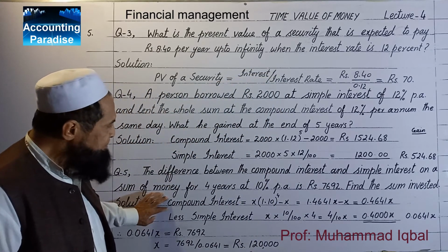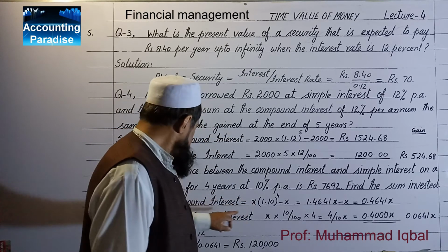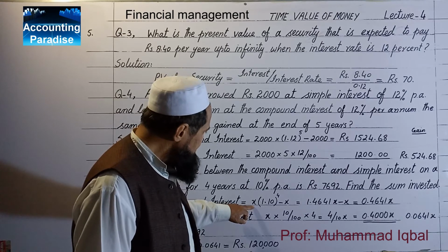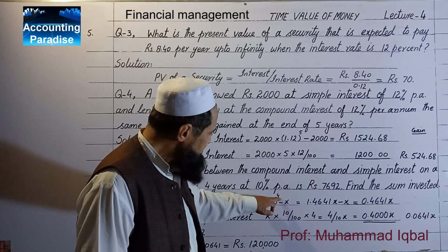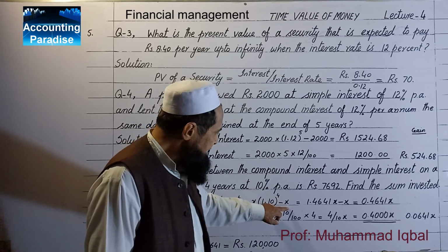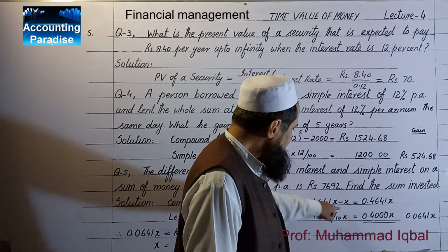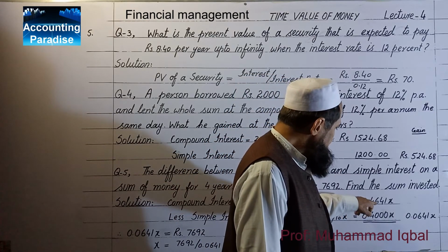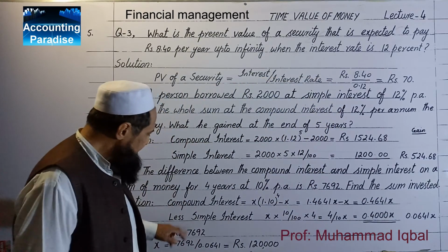We calculate the compound interest in the same way, but the amount is not given, so we put x here. X into 1.1 raised to the power 4 minus x is equal to 1.4641x minus x, that is equal to 0.4641x.